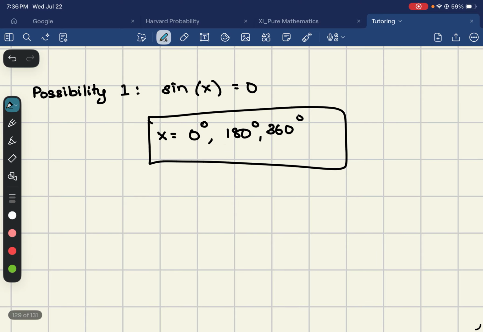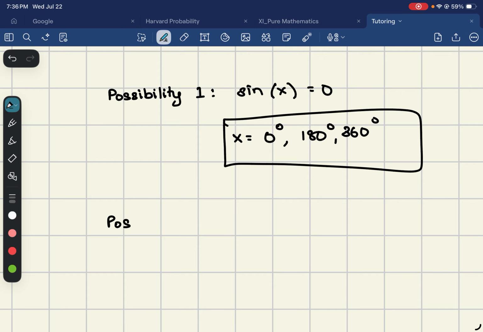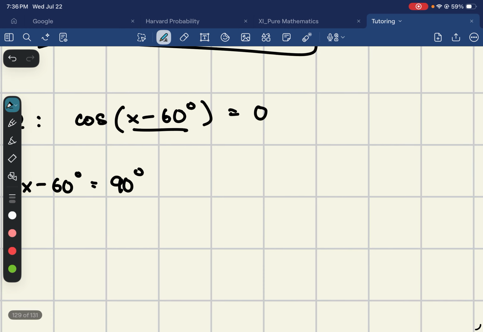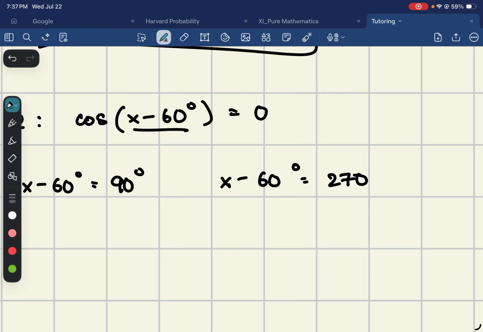All right. And now, possibility 2 is that cos of x minus 60 degrees is equal to 0. And when is cosine 0? If the angle inside, which is x minus 60 degrees, cosine is 0 when it's 90 degrees, when it's 270 degrees, and so it's only 0 twice, right? It's only 0 at 90 and 270 for between 0 and 360.